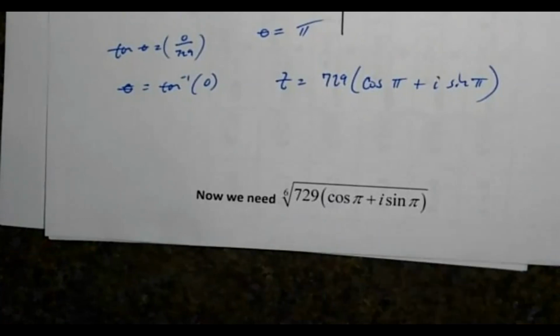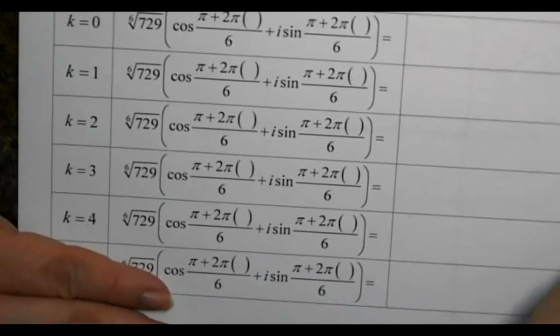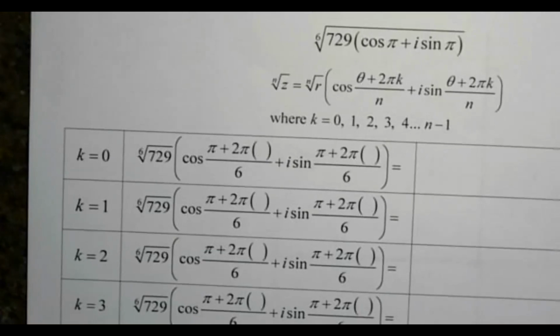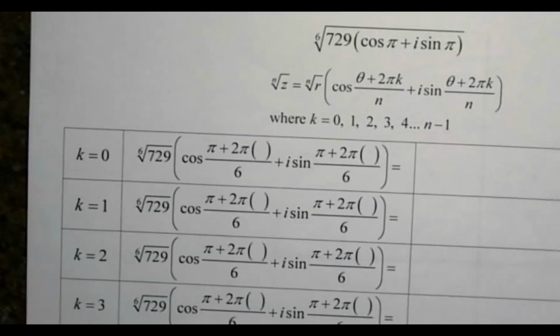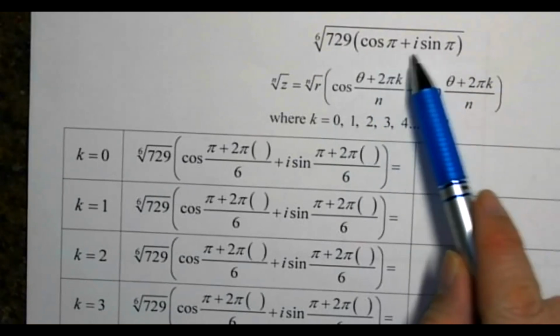Okay. Now this is where there's a lot of work involved. I've typed up part of it to make it easier for you to take notes. So make sure you printed this out so you can follow along, because as you can see, there's a lot of work here. Okay. Sixth root of 729 cosine pi plus i sine pi.